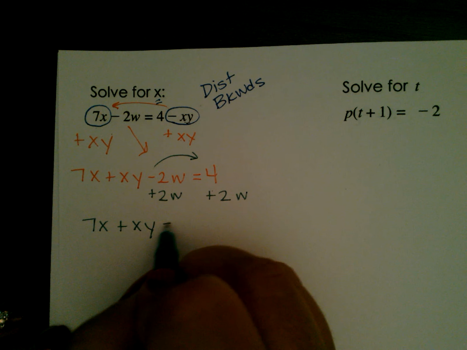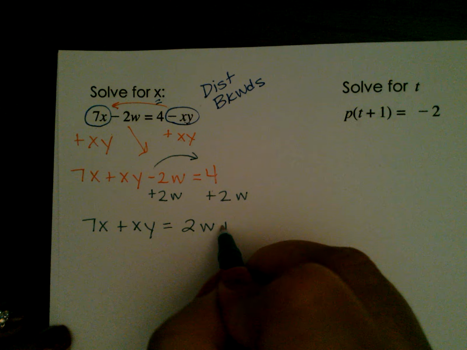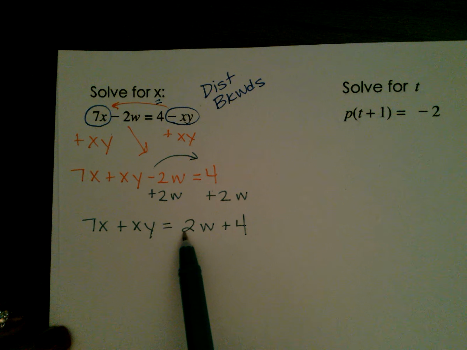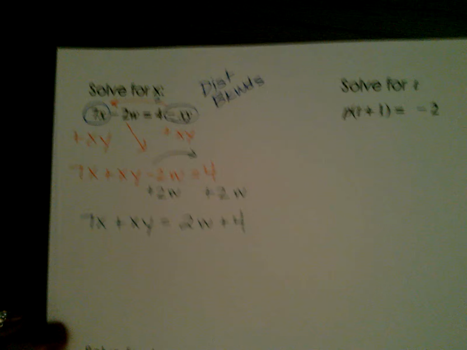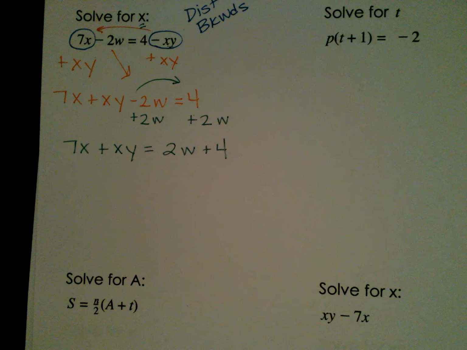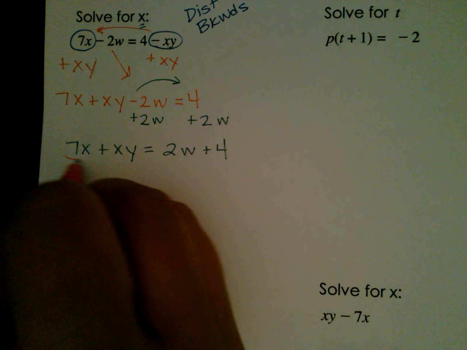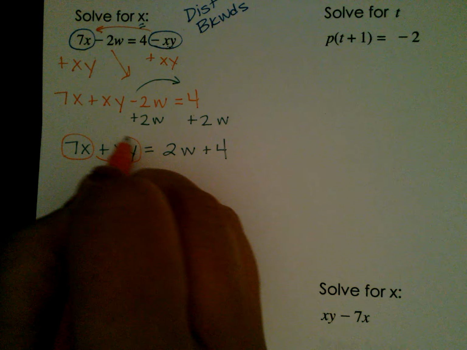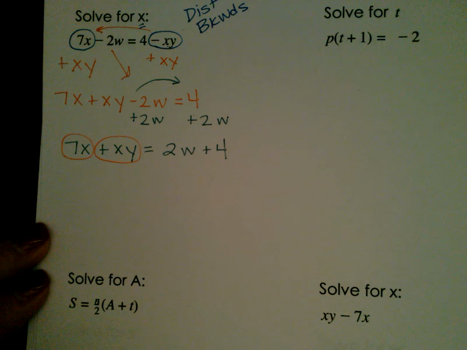7x plus xy equals 2w plus 4. I'll say it again. I like terms with variables to be listed first, constants at the end. All right, I notice we have 2 terms that are not identical, so we may not combine them.